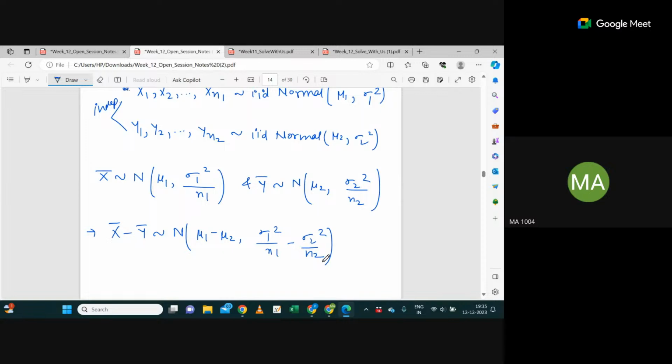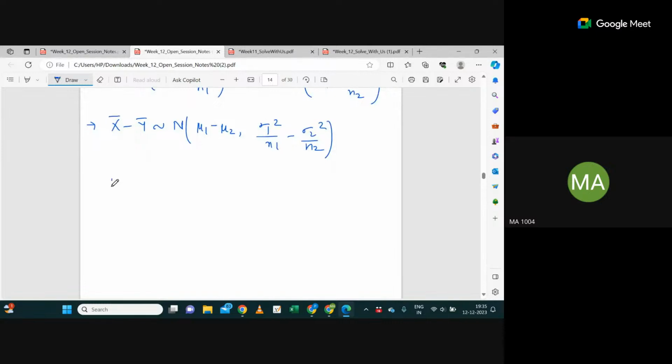Let's verify. The expected value of x bar minus y bar is the expected value of x bar minus the expected value of y bar, and it's mu1 minus mu2. That is correct. Variance of x bar minus y bar: these are independent samples, so I can write variance of x bar minus variance of y bar, right?